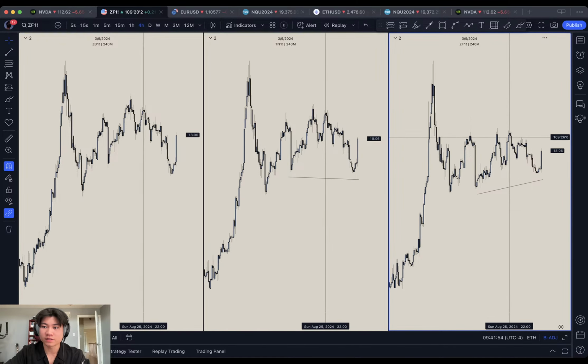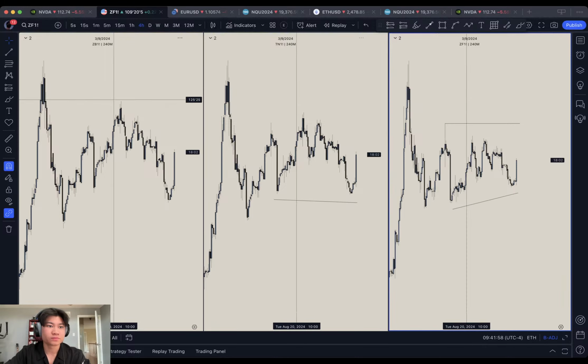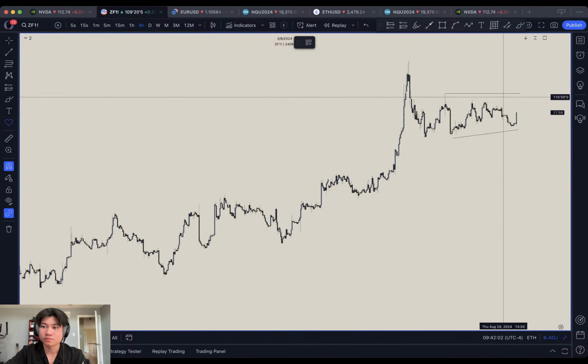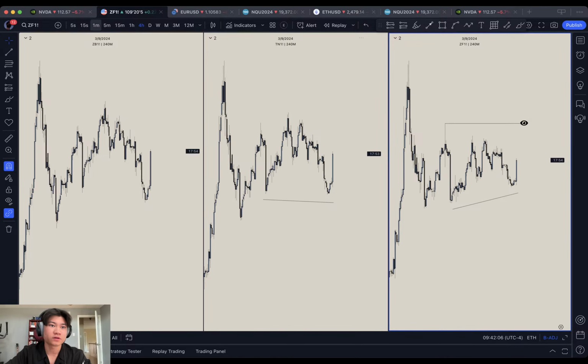We look for some buy side liquidity into this high, potentially. And so if that's the case, then that would present bullish, right, for the other assets.